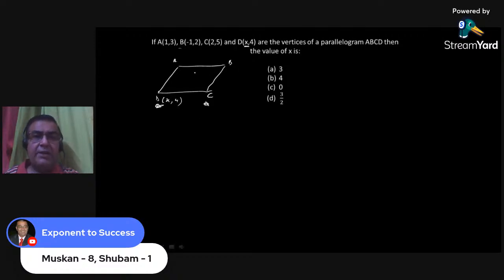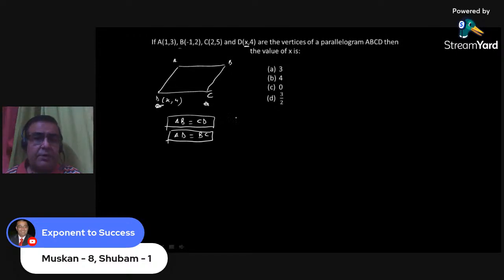So basically in a parallelogram, we know that the opposite sides are equal. So we know that AB is equal to CD, and we also know that AD is equal to BC. We don't need to apply both to find the value of x. If it is not a simultaneous equation, I think we'll be able to find it using one of these equations.